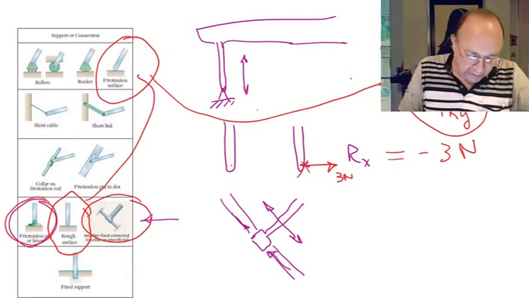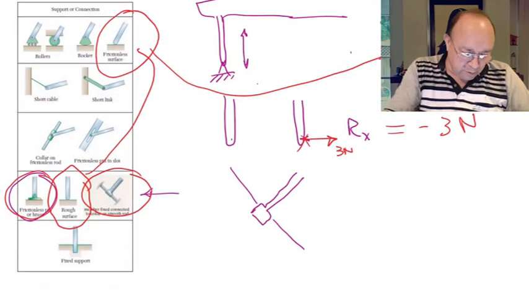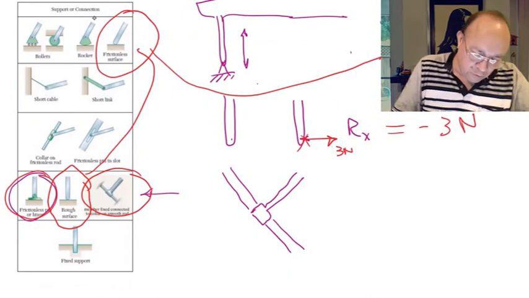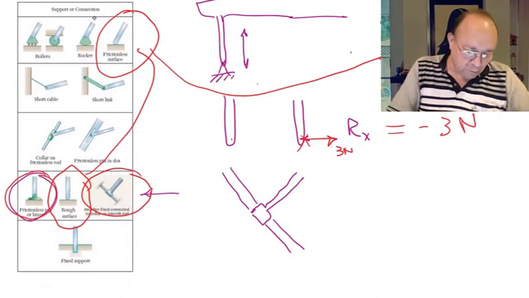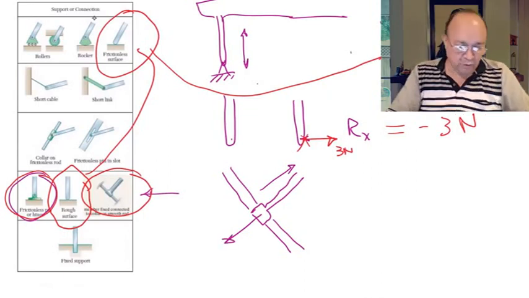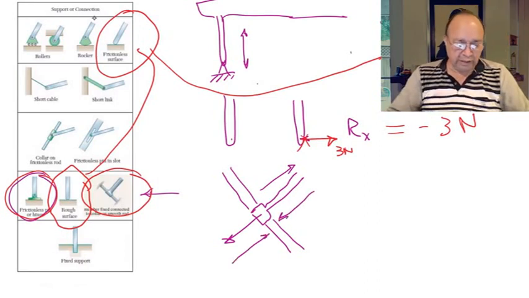So the only force that this rod can apply will be in the direction perpendicular to the rod. If the body tries to move in that direction, the rod is going to apply a resistance to oppose that motion. Or if the body tries to move in this direction, the rod is going to oppose like this.